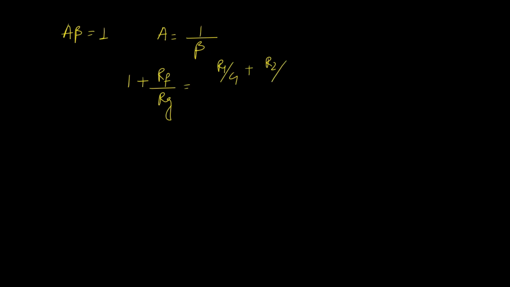So from the Barkhausen criterion we know that A beta is equal to 1. So A is equal to 1 by beta. Previously we calculated the value of A, that is 1 plus Rf by Rg equals 1 by beta, that is R1 by C2 plus R2 by C1 plus R2 by C2, by R2 by C2.